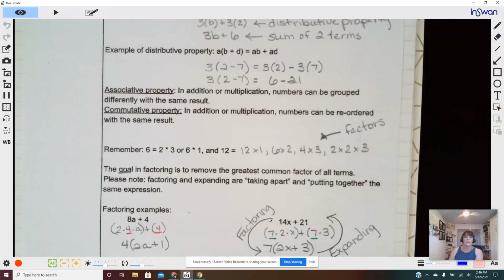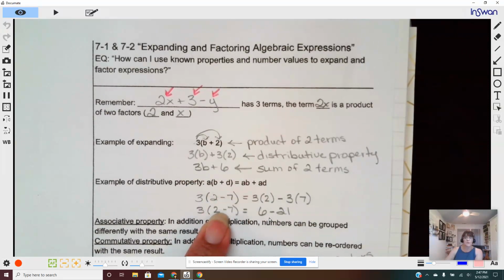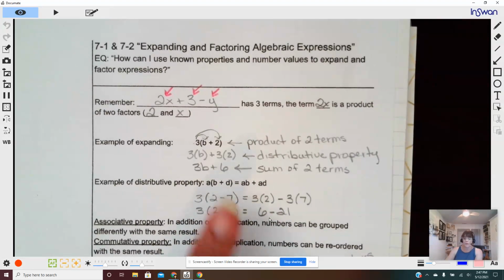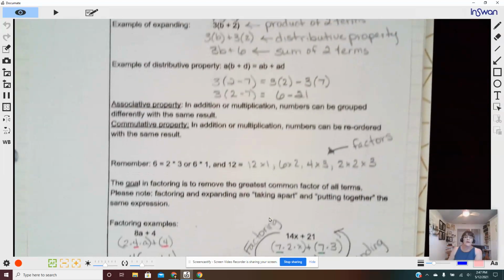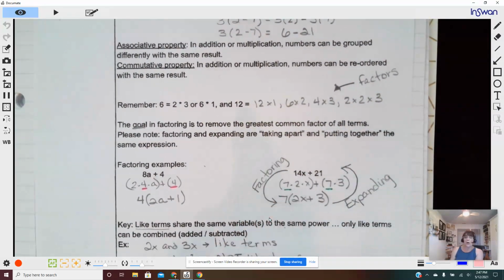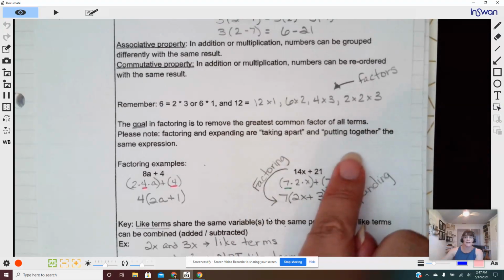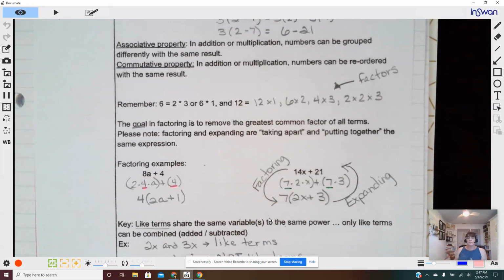And when we are using distributive property, a lot of times we're expanding. That's what we're doing. Then when we're factoring, that's the opposite action of expanding, but they are very closely related. And we're going to use them as tools to make equations easier for us.